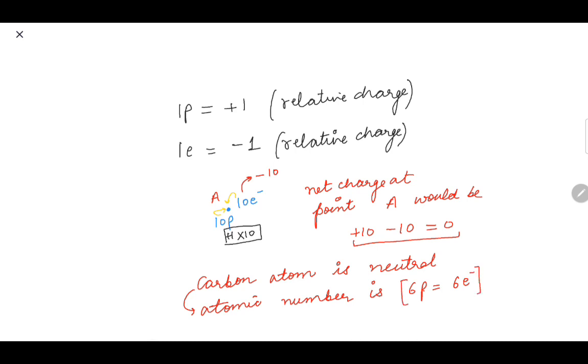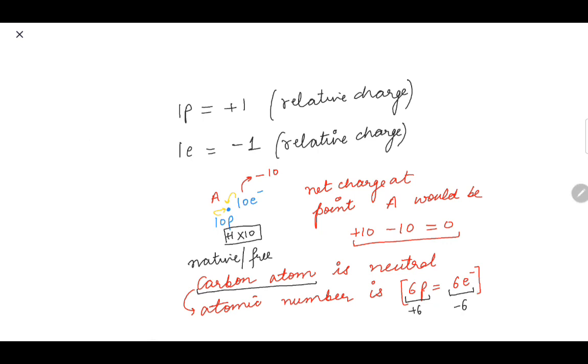Are you understanding my point? Okay. And thereby, every free carbon atom is neutral. So it would have 6 protons, that means plus 6 charge it is carrying, and 6 electrons, that means minus 6 charge it is carrying in the form of electrons. I suppose you're understanding. Okay.